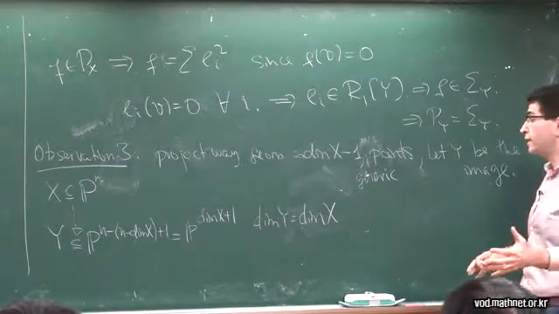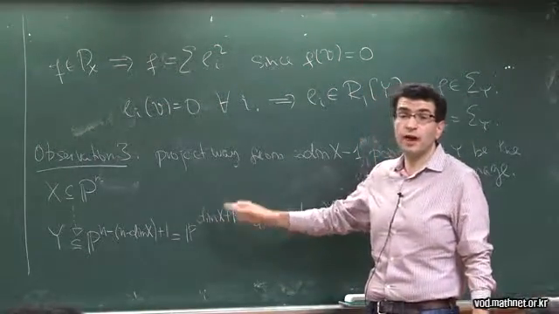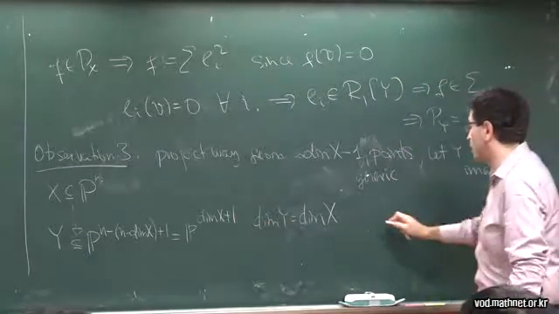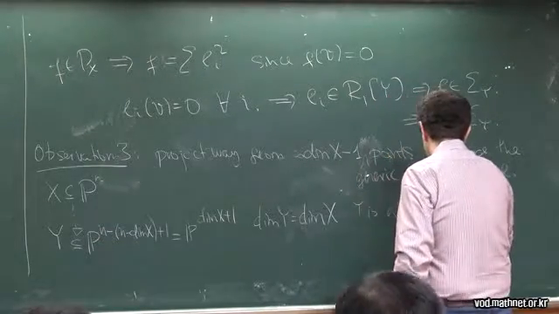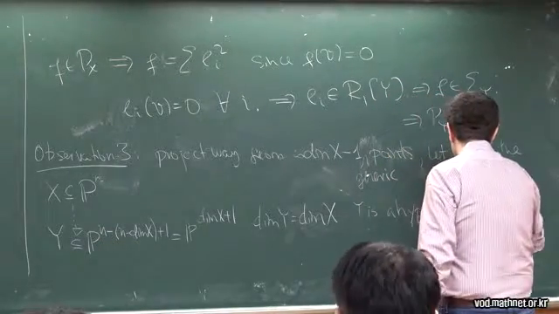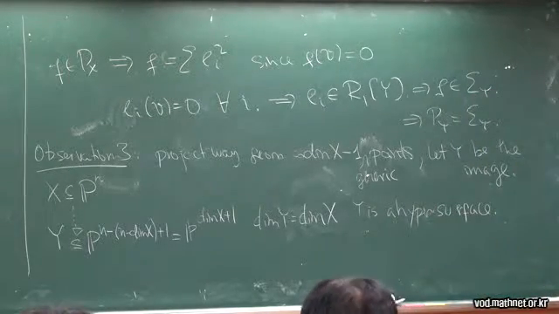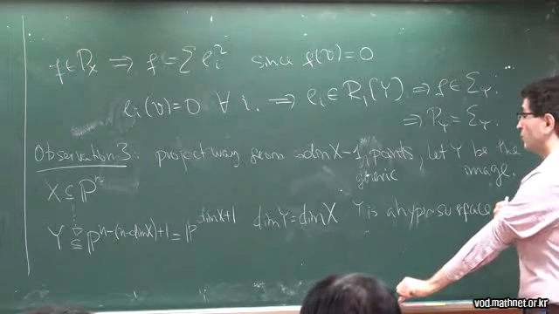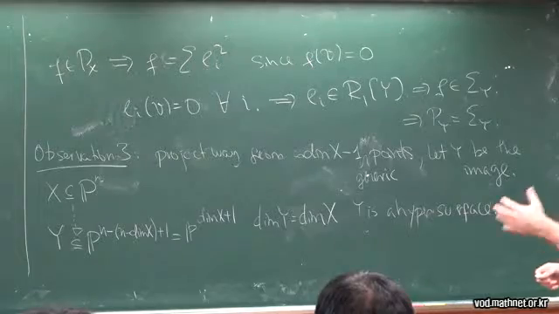So what does it say? It says that what we have is a hypersurface, right? Something that's defined by one equation. So y is a hypersurface. Okay. Let's try to understand what is the degree of y.